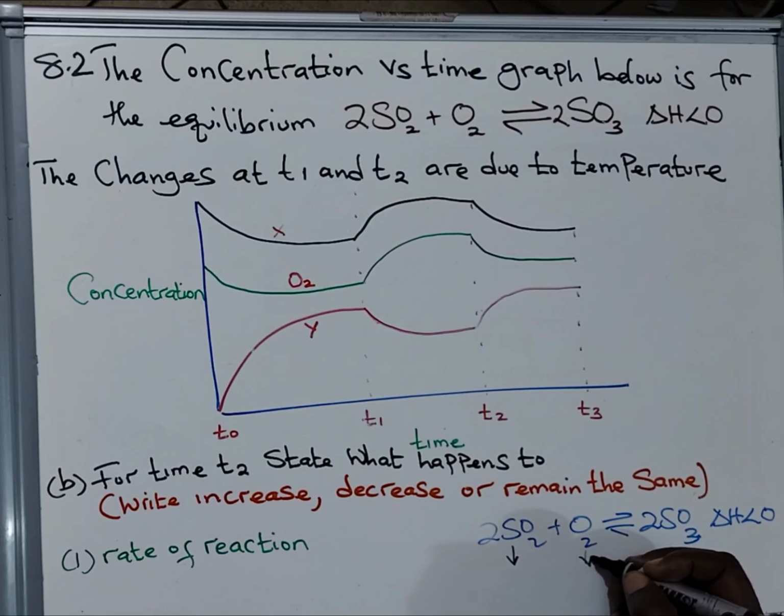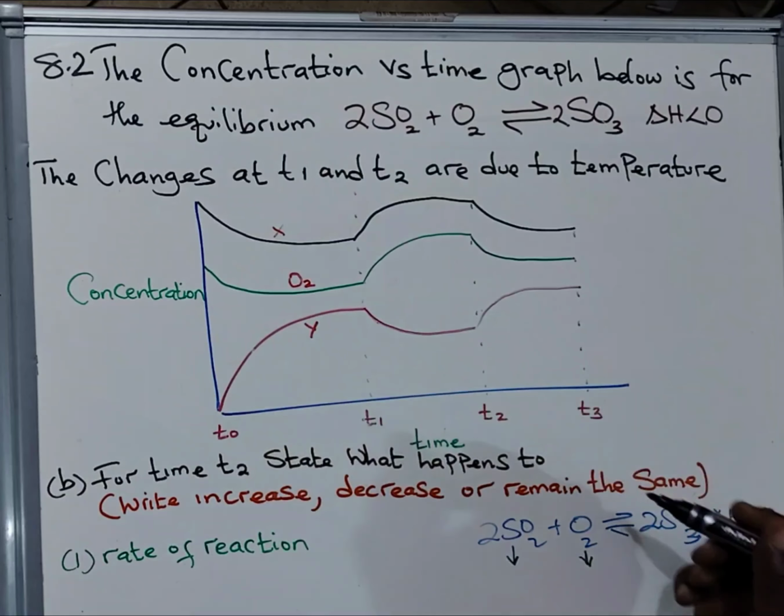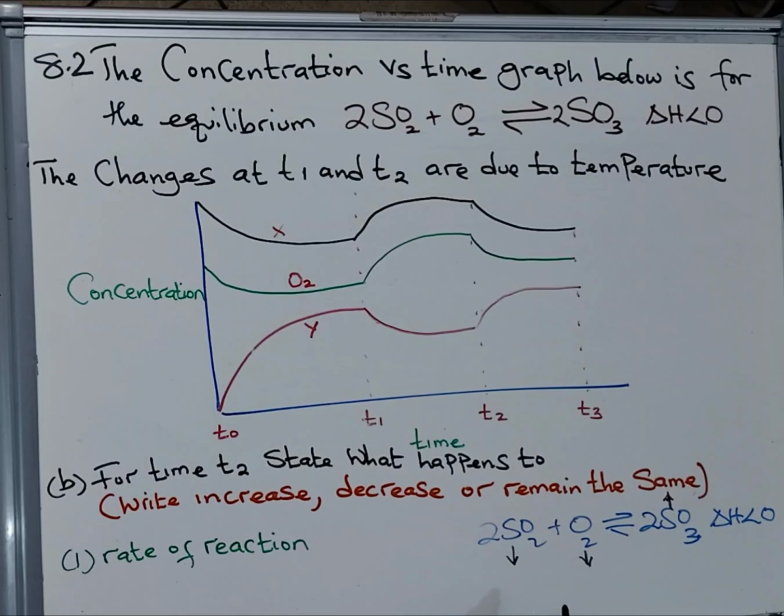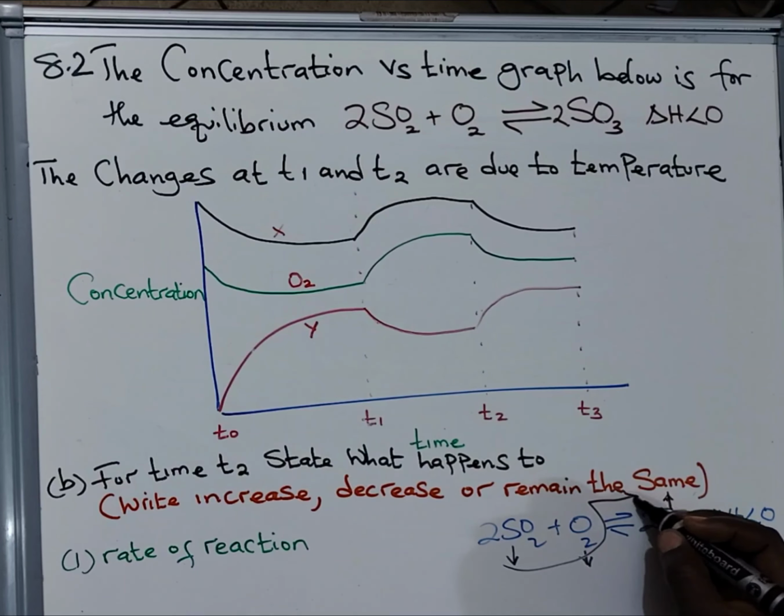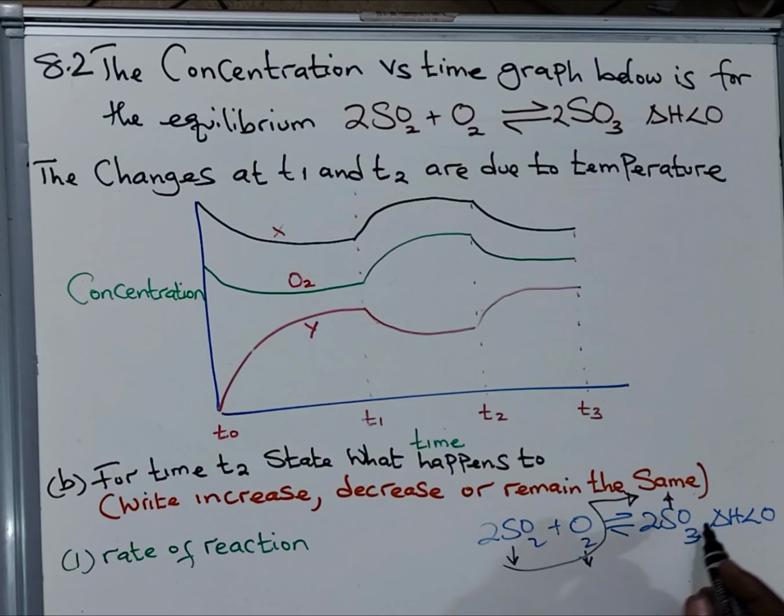It also decreased. Let's go to our Y. Y is sulfur trioxide. It increased. And after that, it is clear that forward is favored. How do you know? It's from low to high. That's the direction. So forward is favored.